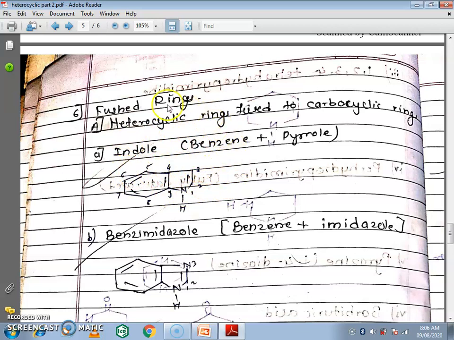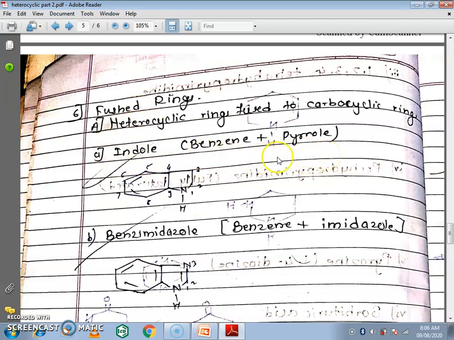In that we will see the first one, heterocyclic rings fused to carbocyclic rings. First one we will see is indole, that is fused benzene plus pyrrole.